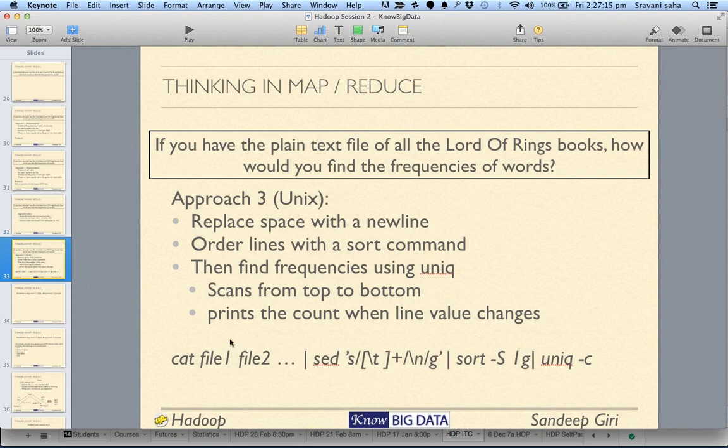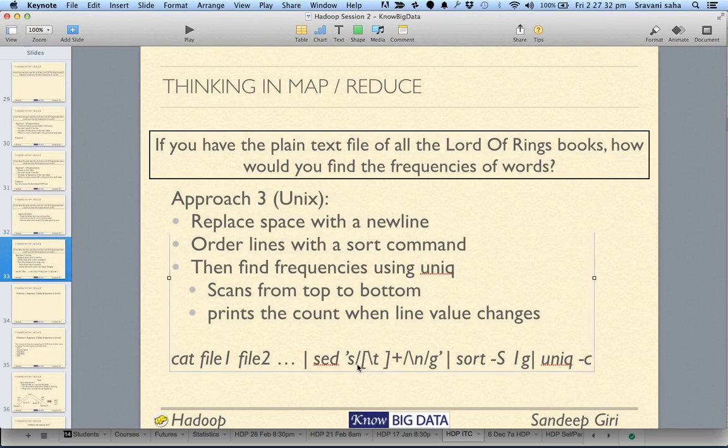Now SED is reading the content provided by cat, and it is replacing tabs or spaces with a new line.